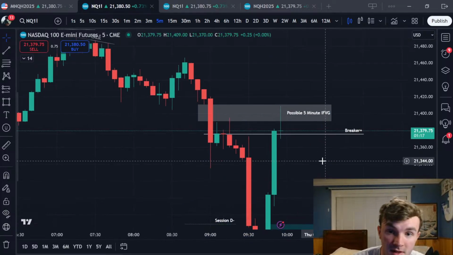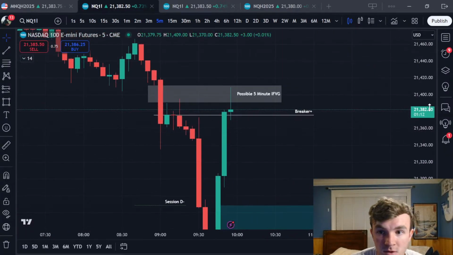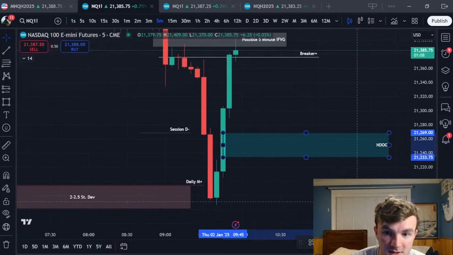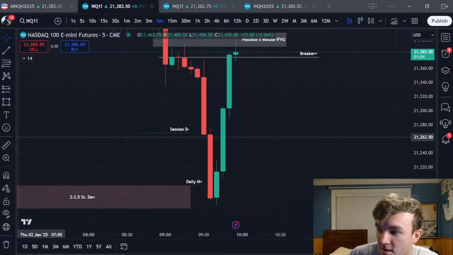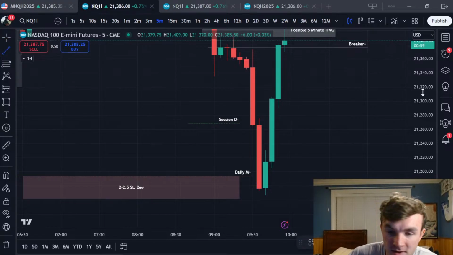We did close above that breaker, so I'm leaning bullish now. We don't need this anymore. Yeah, London and Asia are not useful anymore. We already took out both of them.